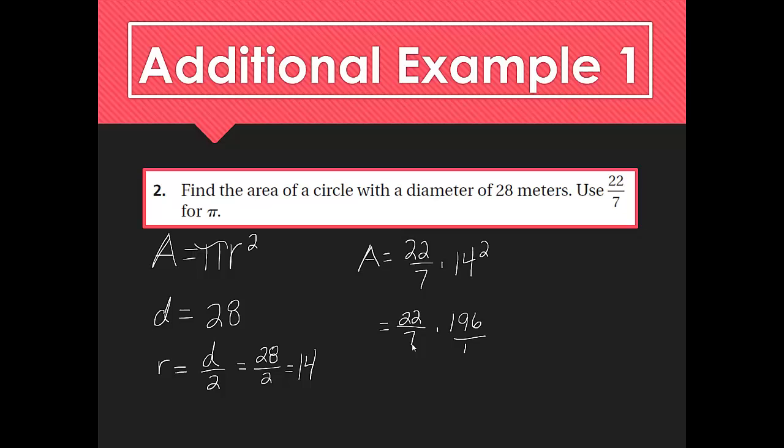Now we can simplify 7 and 196 by dividing by 7. So 7 divided by 7 is 1, and 196 divided by 7 is 28. Now we need to multiply 22 times 28 to get our answer.